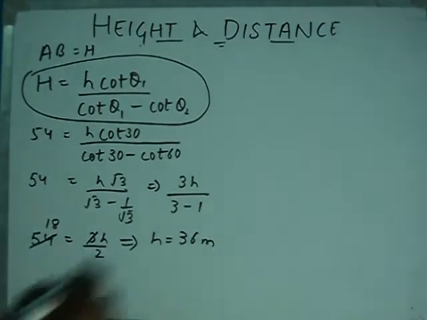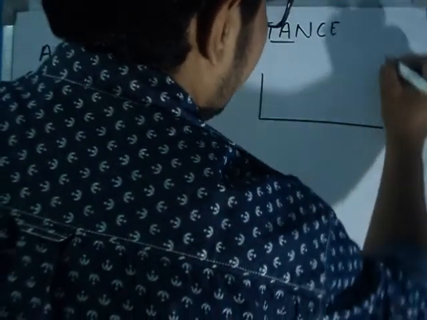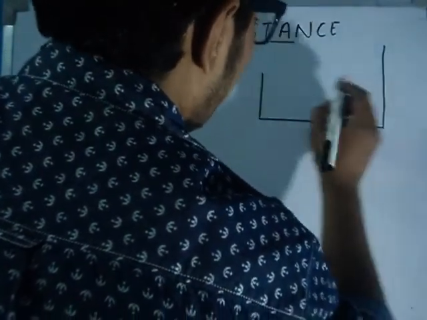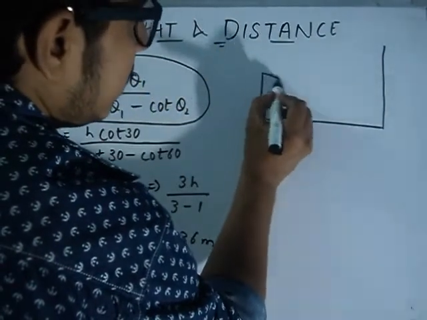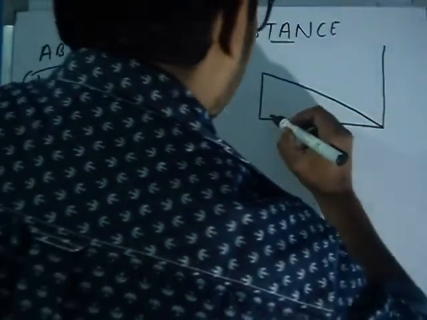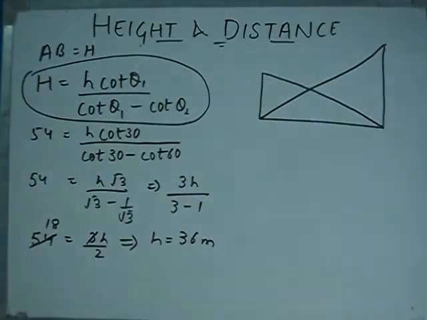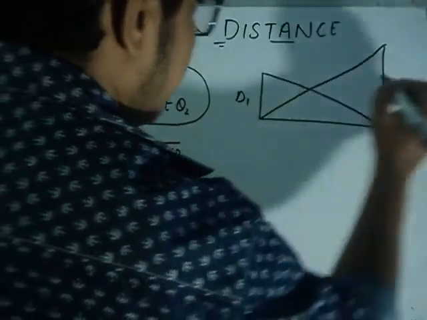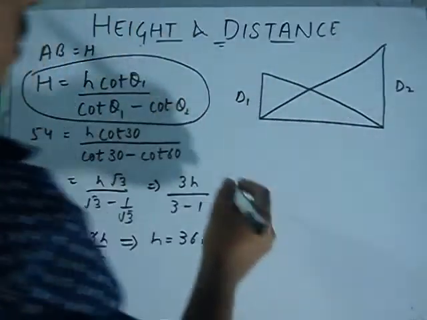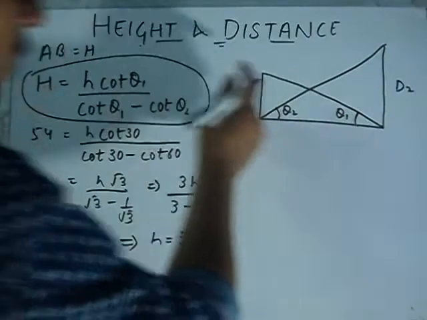Suppose we have two towers, or two opposite banks of a river. One is watching from this point and one is watching from this point. We have d1 at this value and d2 is this value, and this is our theta 2 and this is our theta 1, angle of elevation.